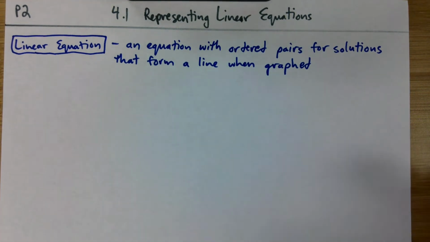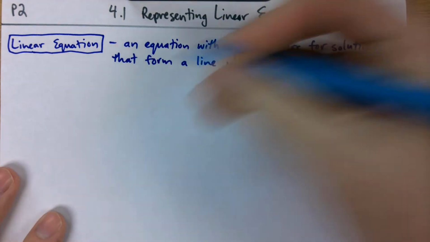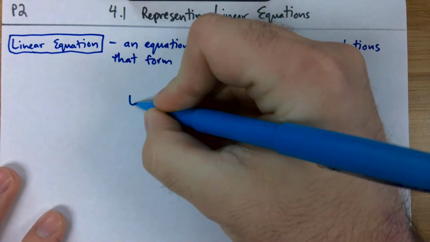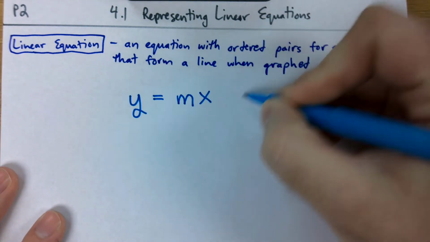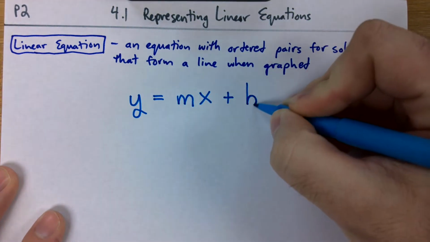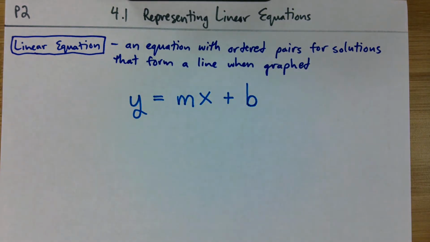So here is our linear equation formula, all right? Y equals m times x plus b.